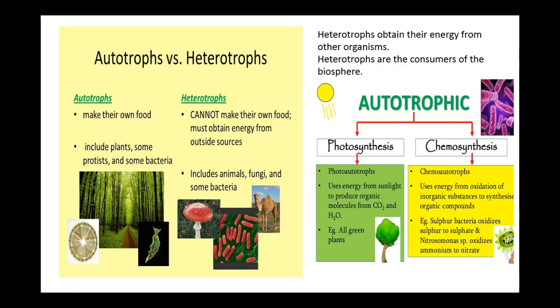A little bit of compare and contrast, because you probably know by now that compare and contrast are some pretty easy ways to ask questions. Autotrophs make their own food and include plants, some protists, some bacteria. Heterotrophs, and I don't know if that term showed up on the previous slide, cannot make their own food.